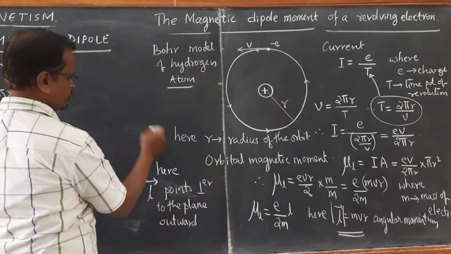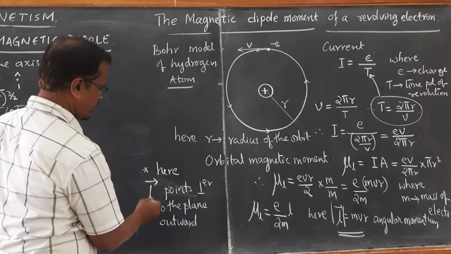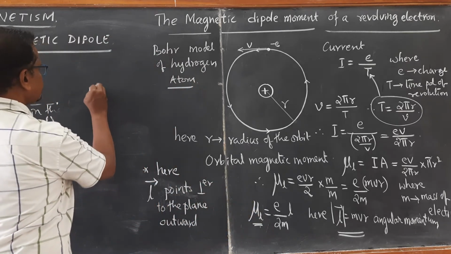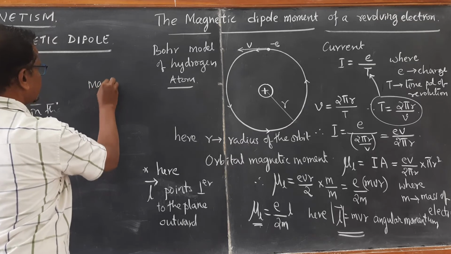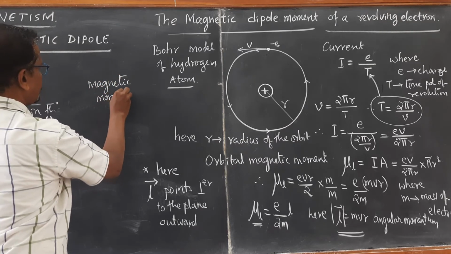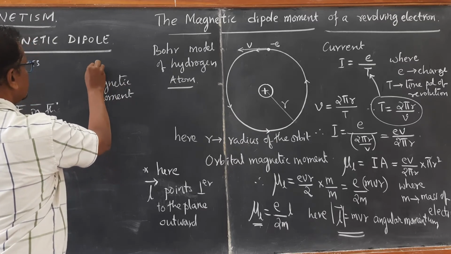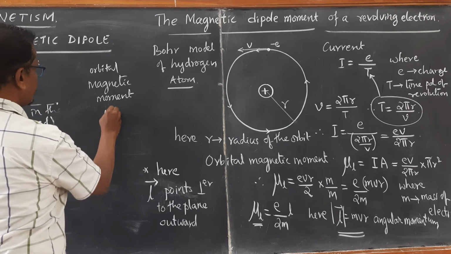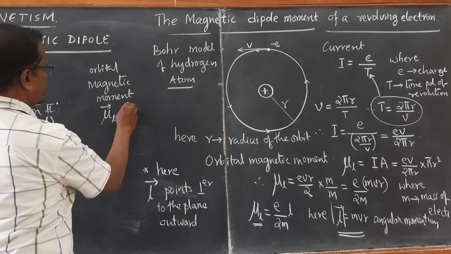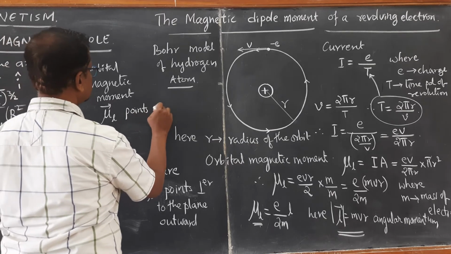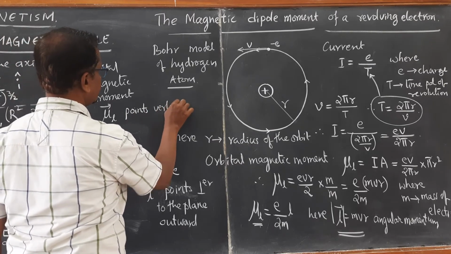So this is about angular momentum, but mu L, the magnetic moment of the electron, this is the orbital magnetic moment. Mu L vector points vertically inwards.